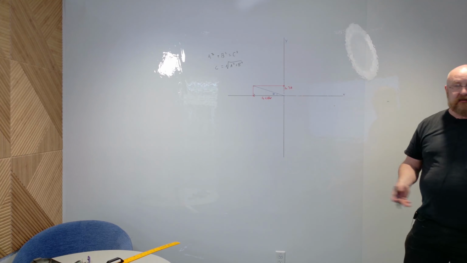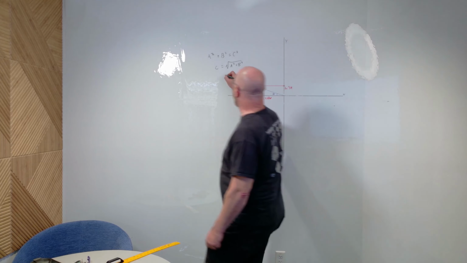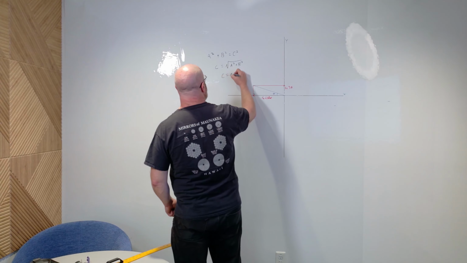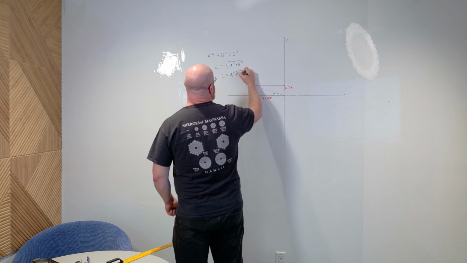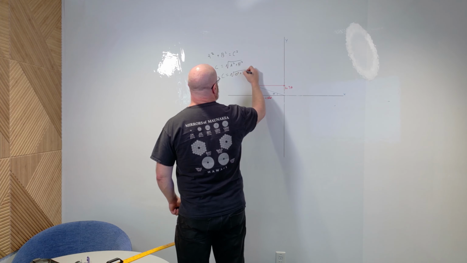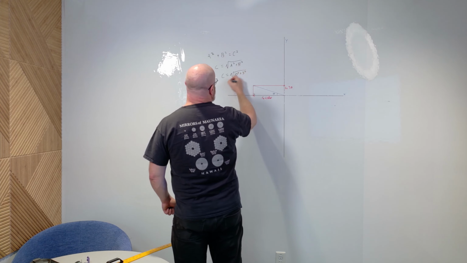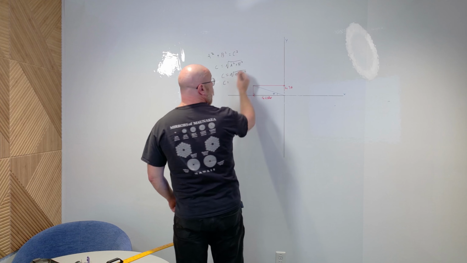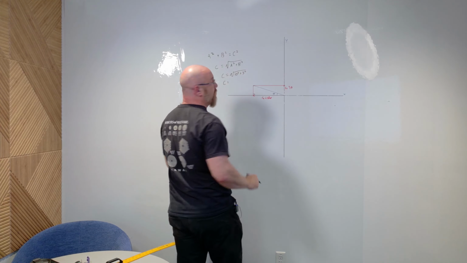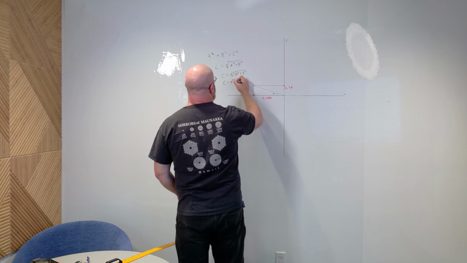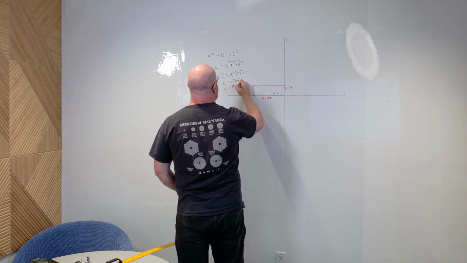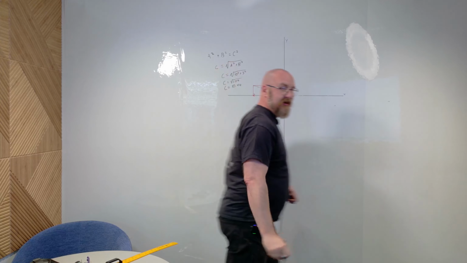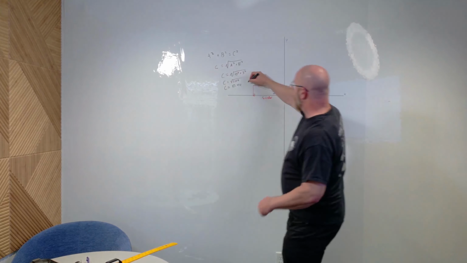So c equals the square root of 10 squared plus 3 squared, or c equals the square root of 109, since 100 is 10 squared and 9 is 3 squared. So c equals 10.44, thank you, Mike, as calculator. And that's in newtons.